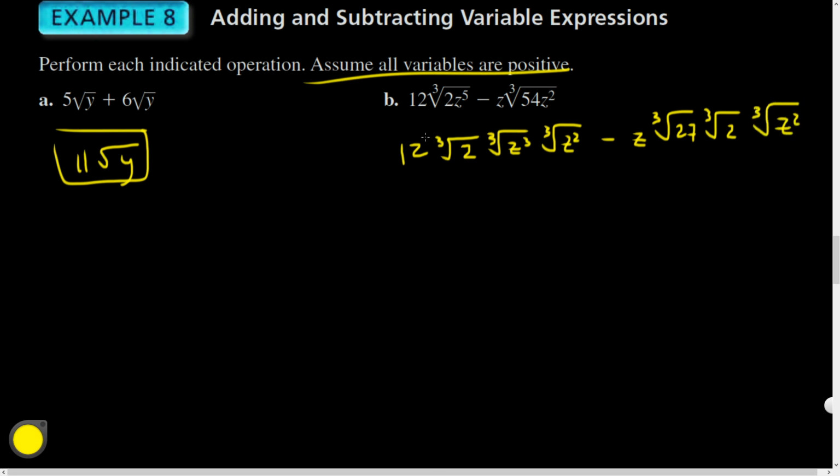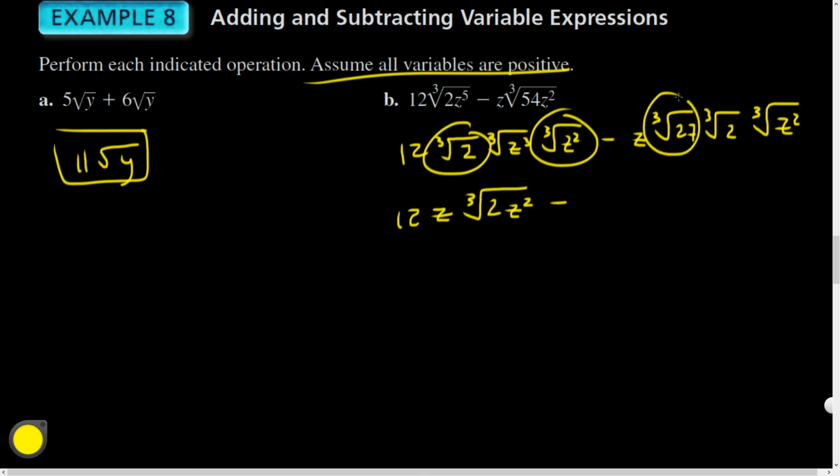So let's simplify. 12 cubed root of z cubed is z times the cubed root of, let's write everybody who's left over on the inside. That's 2z squared minus cubed root of 27 is 3. This z is hanging out. Be careful. This is not an exponent to the z. It's an index to the radical. So the cubed root of 27 was 3.